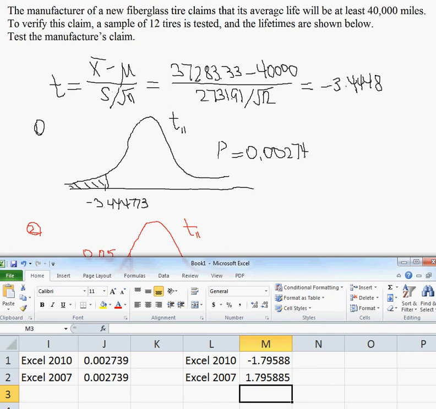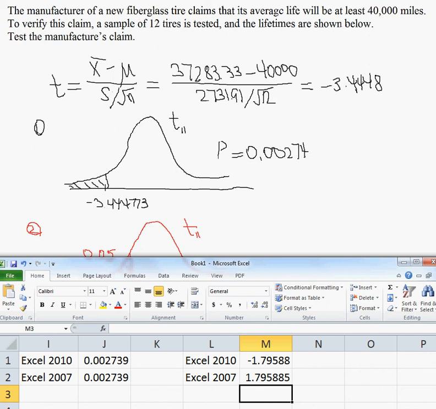So if you're using Excel 2007, that's the command that you need to use, and you need to mentally remember that you have to double the area, because the only choice in Excel 2007 is to input a two-sided critical value. Also, the positive number gets returned, the negative value never gets returned. Okay, so that's Excel 2007.